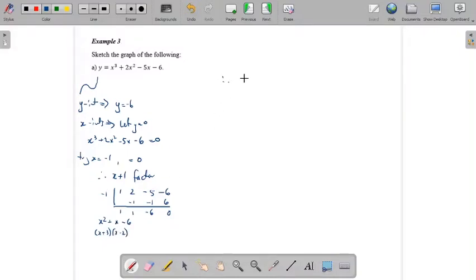That means that we can write our equation here as y equals x plus 1, x minus 2, x plus 3. It also means then that our x-intercepts are at -1, 2, and -3.